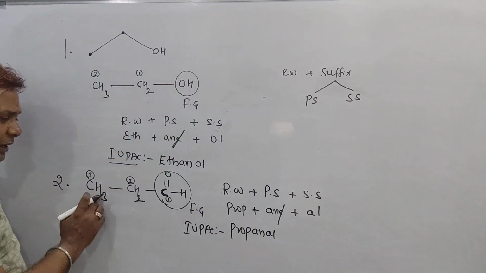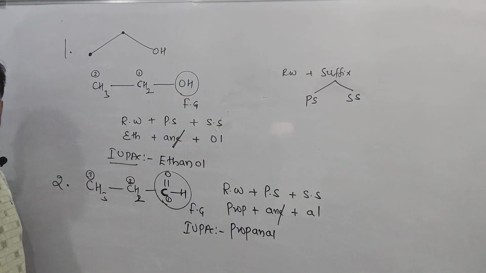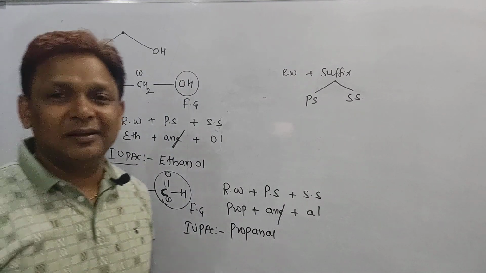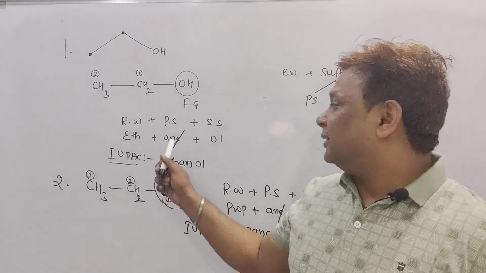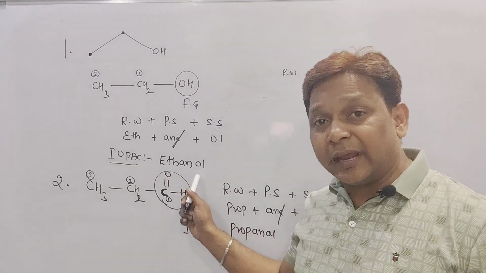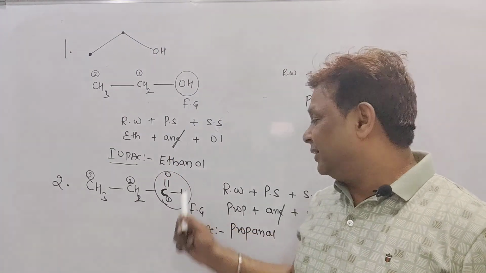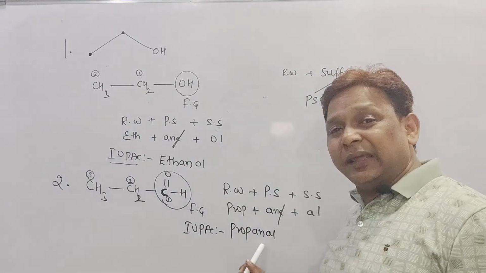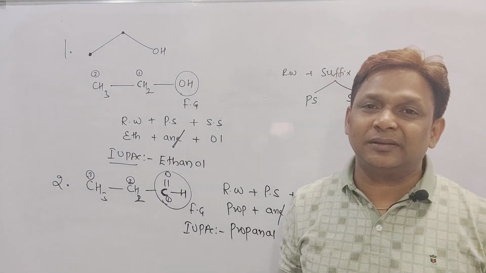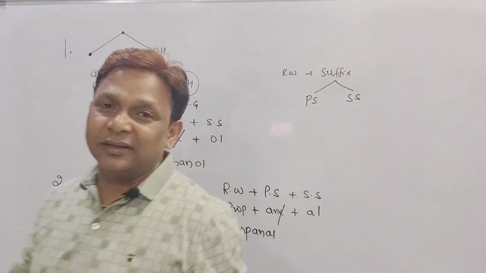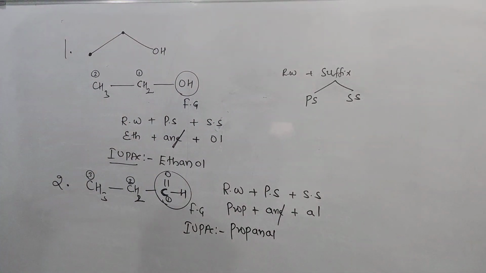AL. The IUPAC name is propanal. The previous one is called ethanol, alcohol, with OL. This is propanal, with the aldehyde group. Is it clear? Once you check it.